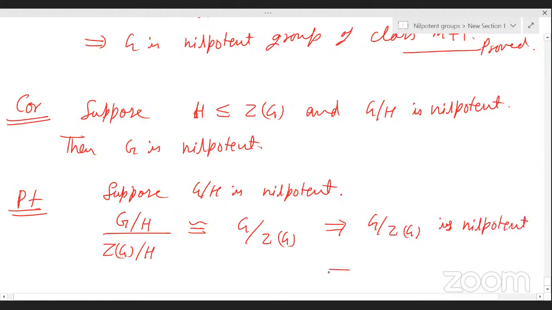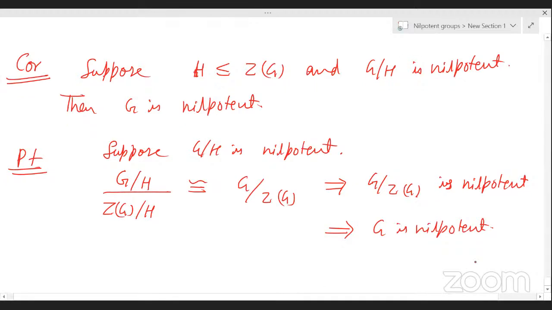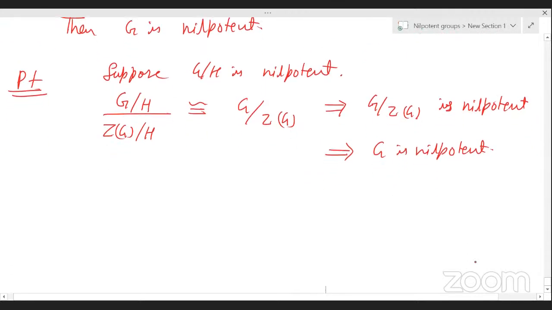And by the above proposition, G is nilpotent. So what does it mean? It means that a central quotient, meaning a quotient by a central subgroup, that is a subgroup contained in the center, if the central quotient is nilpotent, then the group is nilpotent.